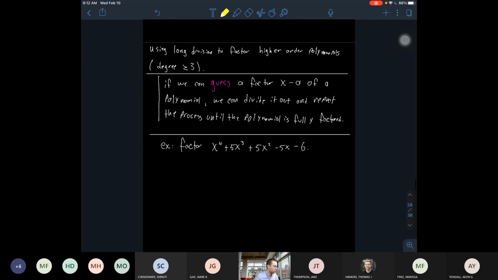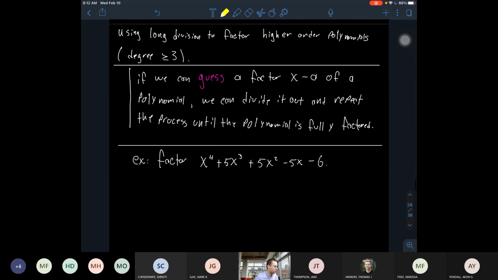Okay, so we can use long division to factor higher order polynomials in the following way. If you saw a question on the exam that said factor this expression, x to the fourth plus 5x cubed plus 5x squared minus 5x minus 6, you would be like, I don't know how to factor that.